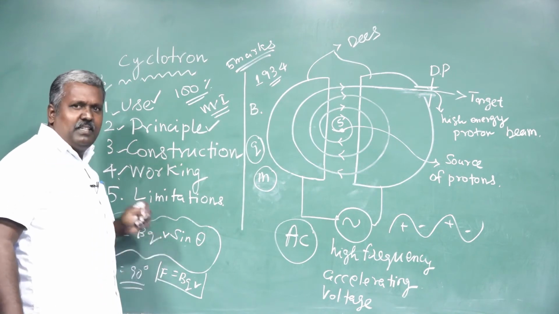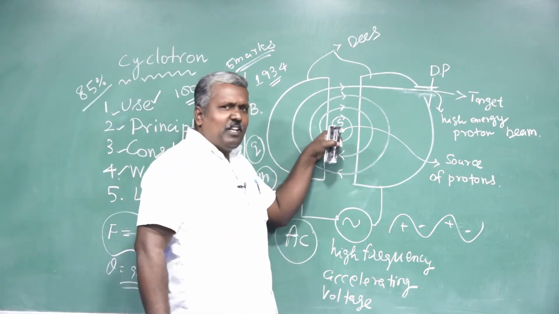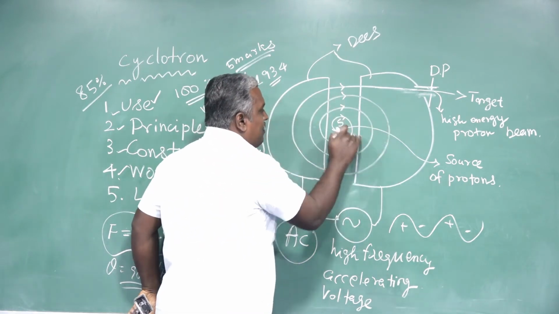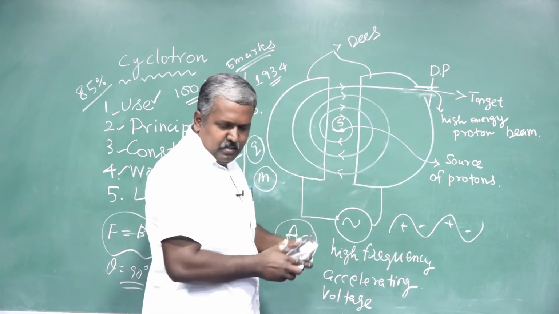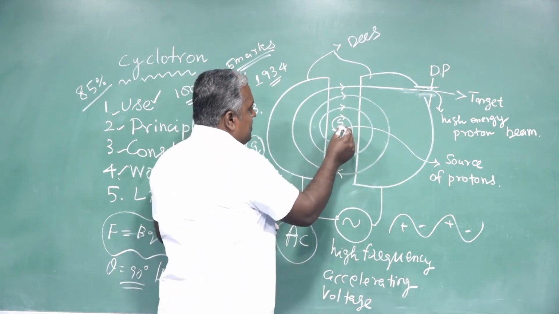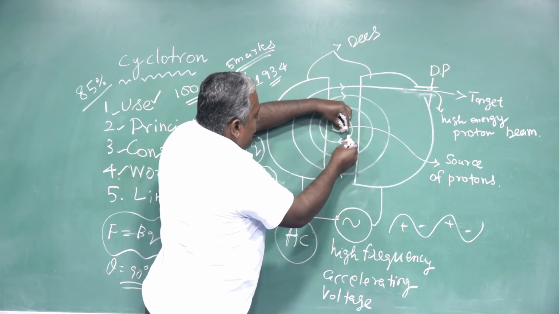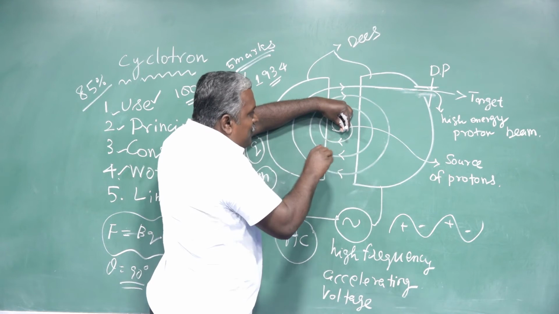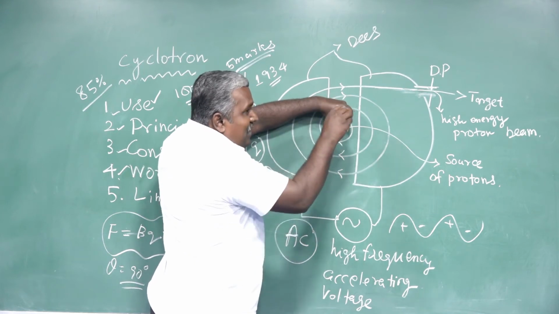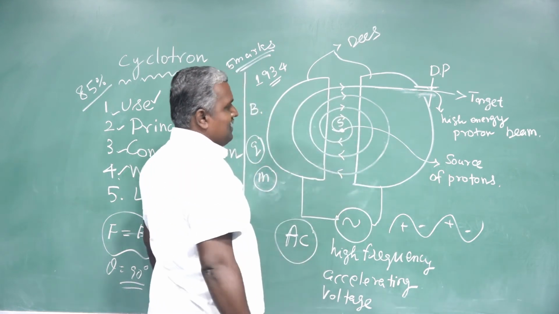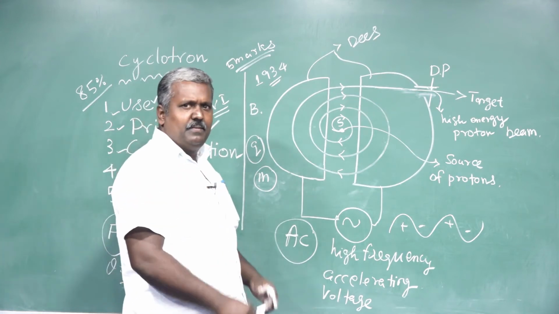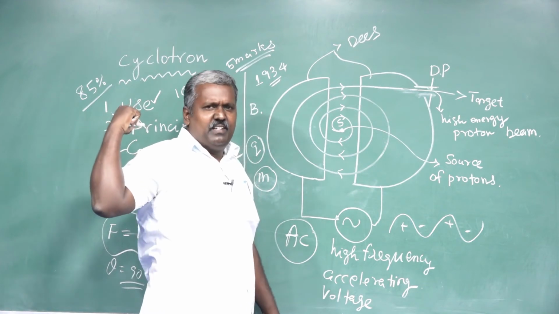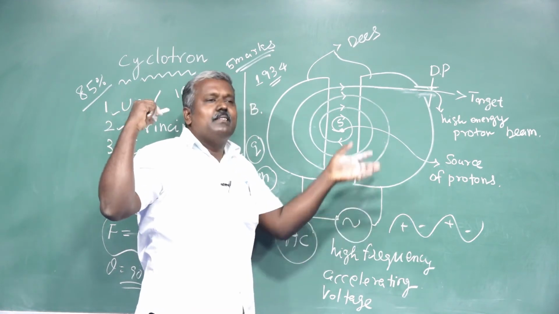So it experiences the magnetic Lorentz force because the magnetic field already acts like this, perpendicular to the plane of the discs. The particle moves here like this. I am correct or not? So it experiences a magnetic Lorentz force. So it moves, very good, in a circular path. Okay? Because it experiences the magnetic Lorentz force. That is the principle of the cyclotron. I am correct or not? Yes, it now moves in a circular path.